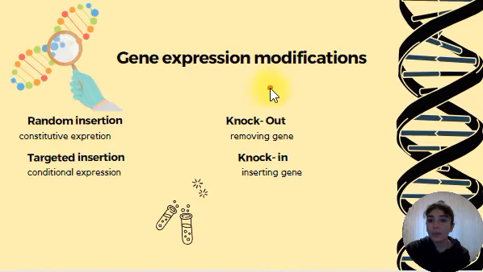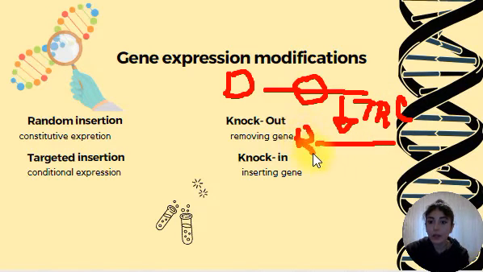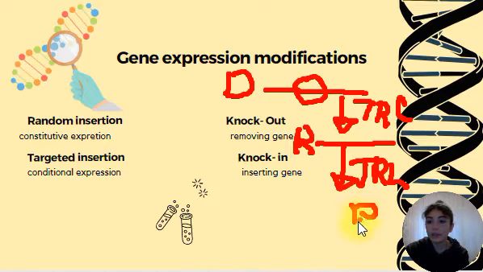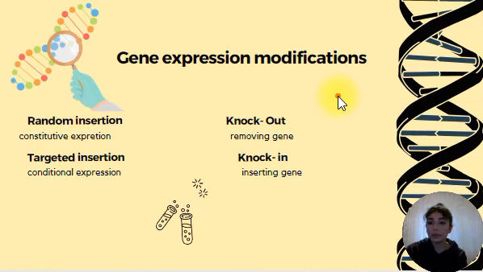So when we express DNA, the gene, we go through a process called transcription, and we make RNA, and then we go through a process called translation, and we make protein eventually, our product, right? If you want to go deeper on this topic, you can check out my previous videos on this topic, but today we're talking about gene expression modification.